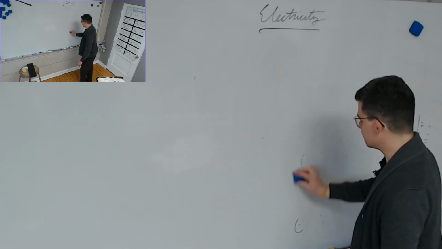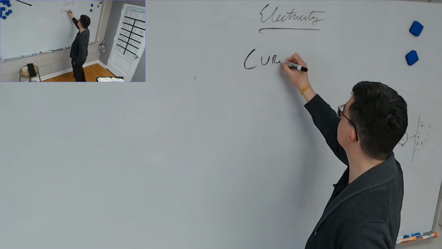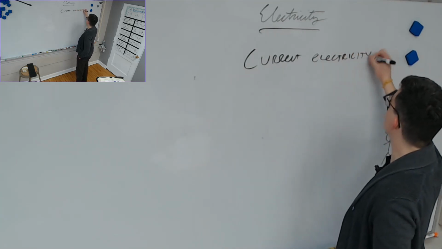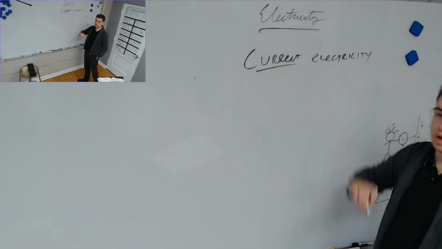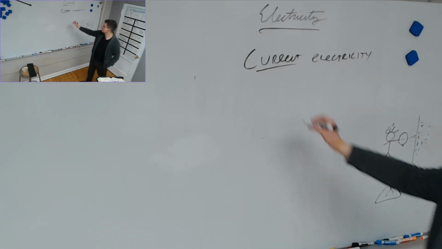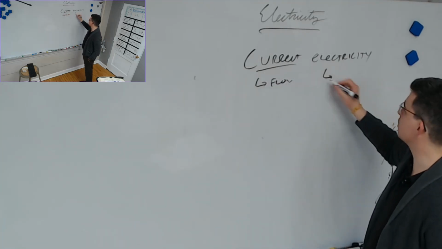The other kind of electricity we commonly talk about is current electricity. What does the word current imply to you? Like if you have a current in a river, what does that mean the river is doing? Flowing. Current is the flow of electricity. Really, we're talking about the flow of electrons.